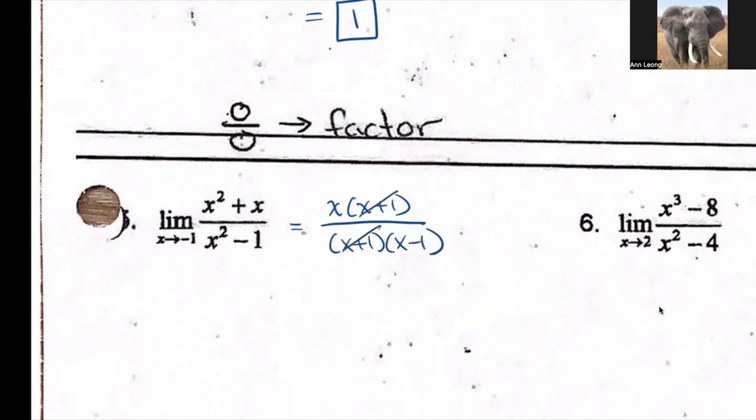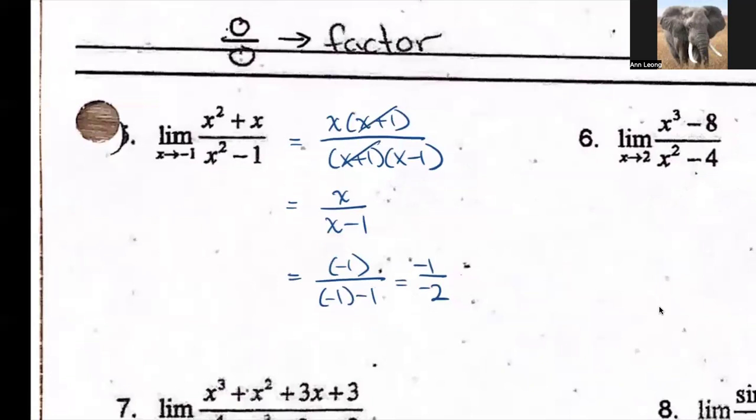Okay. All right, and that reduces down to x over x minus 1, which now I can plug in, and I can see that it will approach negative 1 over negative 2, which simplifies to positive 1/2.